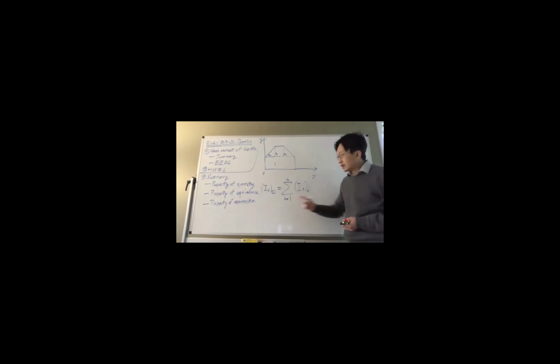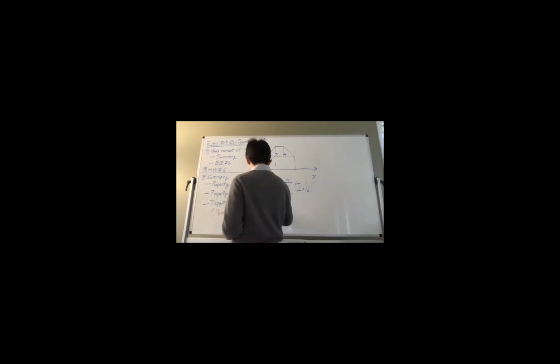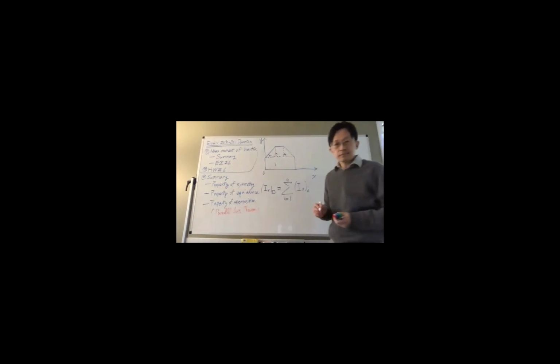Now, this definition is very straightforward and simple, but when you apply it, you have to be very careful because remember, we also have what we call the parallel axis theorem, right? So when we use the property of superposition, you have to remember the parallel axis theorem.